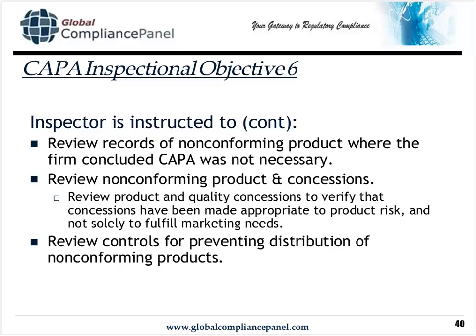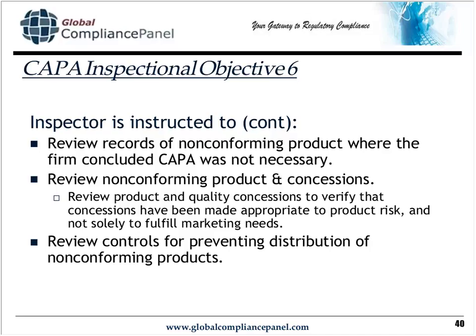And then they're also going to look at your nonconforming product and use-as-is determinations. They're going to look at your records of nonconforming product until they find what many firms call a process deviation. And they're going to make sure that that process deviation contains some sort of determination of risk. Meaning, as a process deviation, maybe a replacement of a component for a lot or two, is that going to impact patient safety?